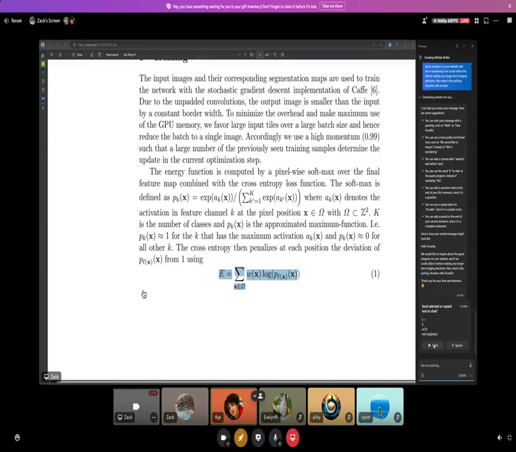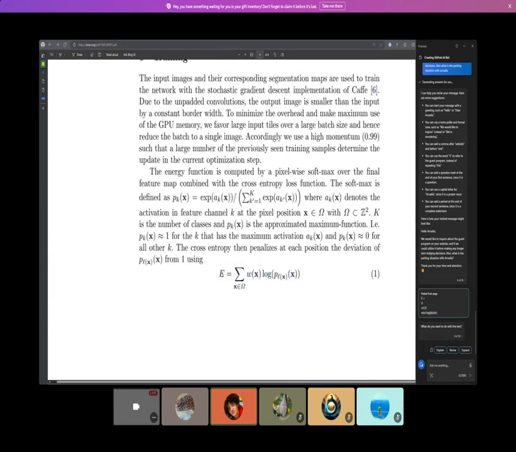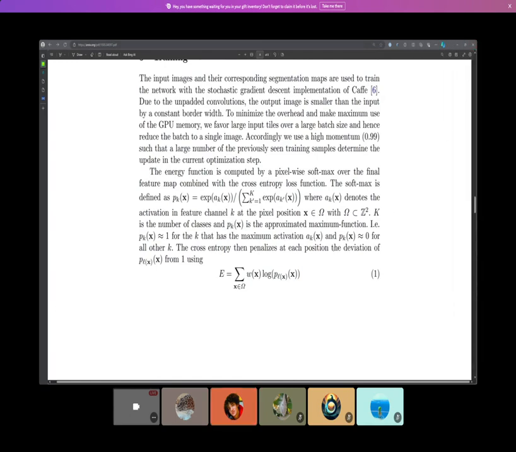Okay. So E equals the sum of W of X multiplied with the log of P subset X applied to X. That means the sum of the W of X log... actually, look up sigma notation.